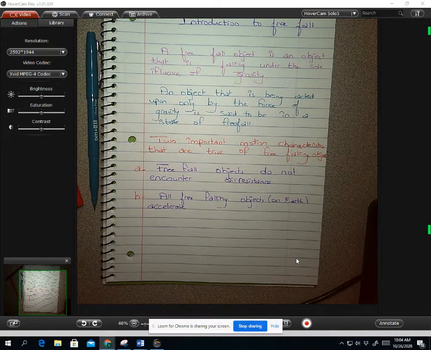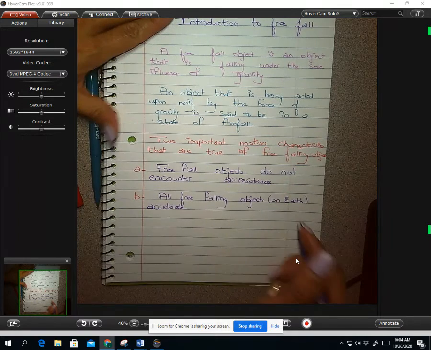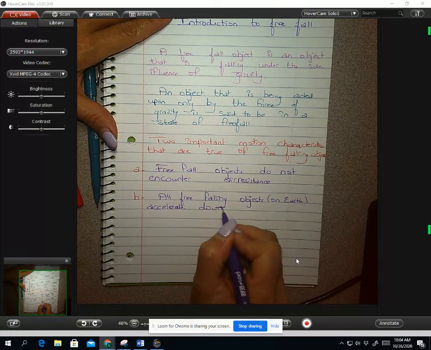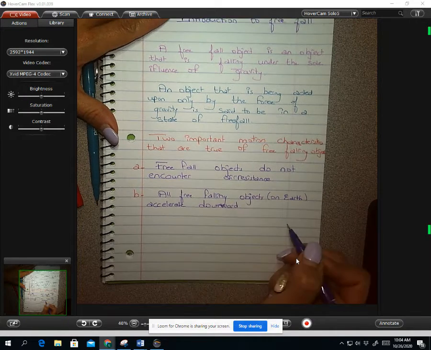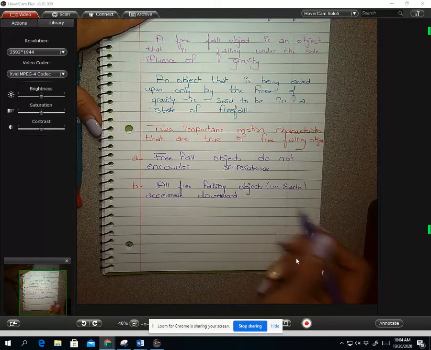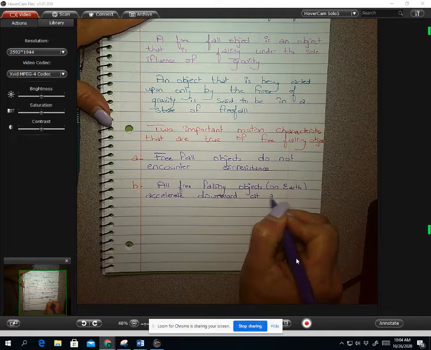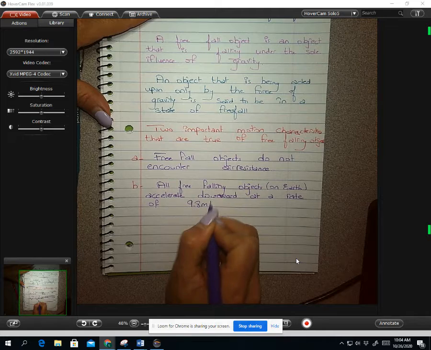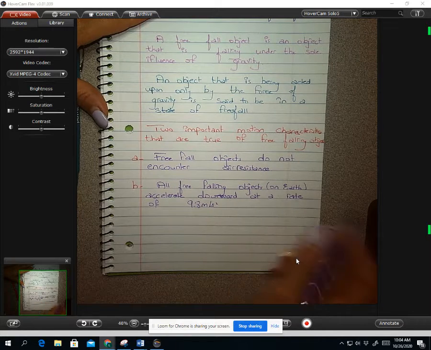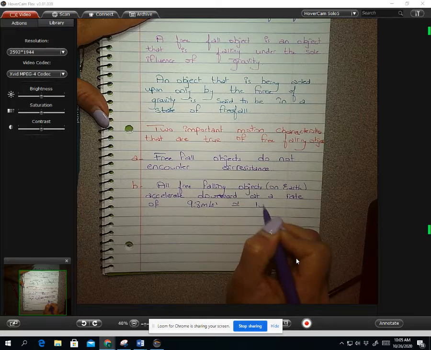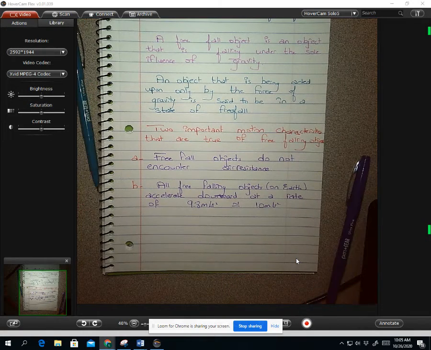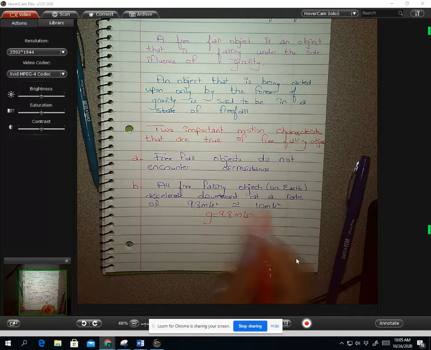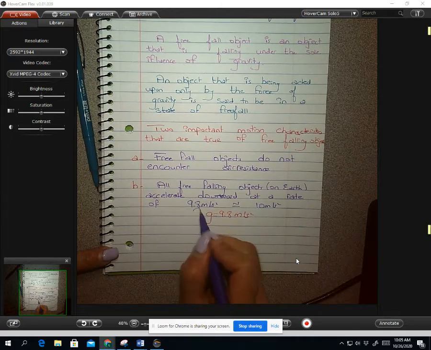It's downwards, so they have to accelerate downward, and they have a constant value, which we call a rate of 9.8 meters per second squared, or we can say approximately 10 meters per second squared. So g is always 9.8 meters per second squared. If you put it as 10 when you're doing your calculation, that is still right.